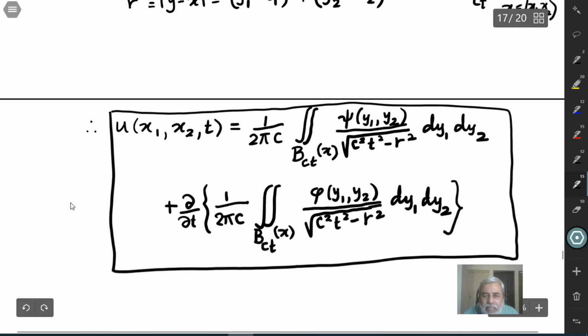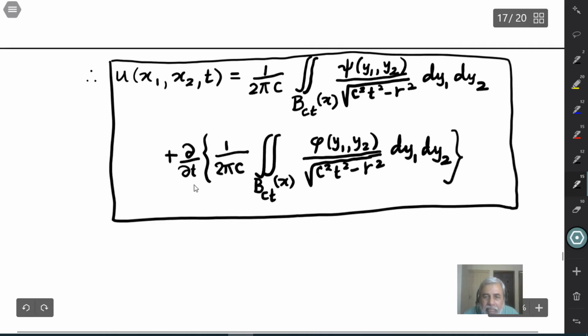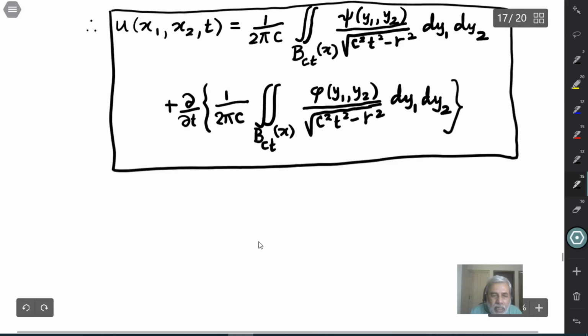So in the three-dimensional case, the Kirchhoff formula involved a surface integral. But in the two-dimensional case, you already start seeing the difference. This integral of r over the ball.